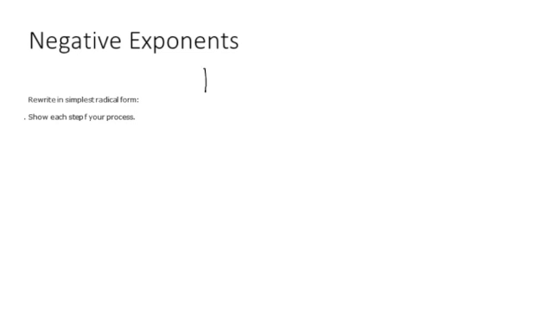The next question was rewrite in simplest radical form this negative exponent. So what I'm going to do is I'm going to use a different negative exponent. I'm going to say negative 4 over 8. And I'm going to teach you how you're supposed to deal with negative exponents. Again, we have another rule. This is a rule of negative exponents.